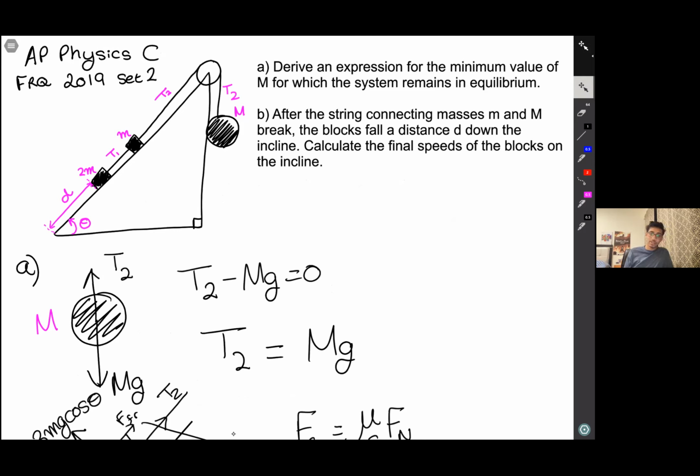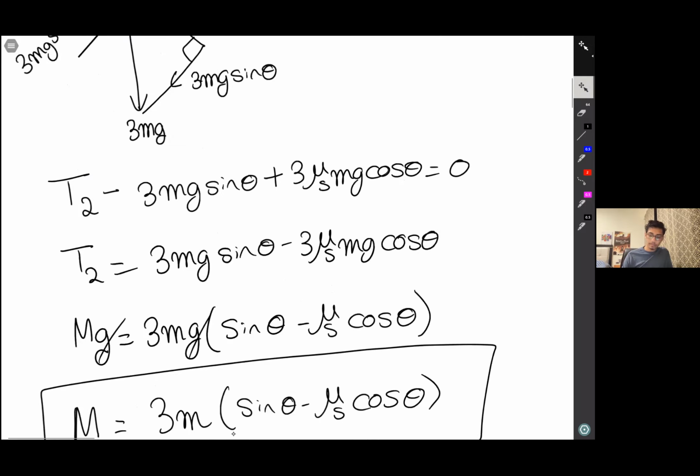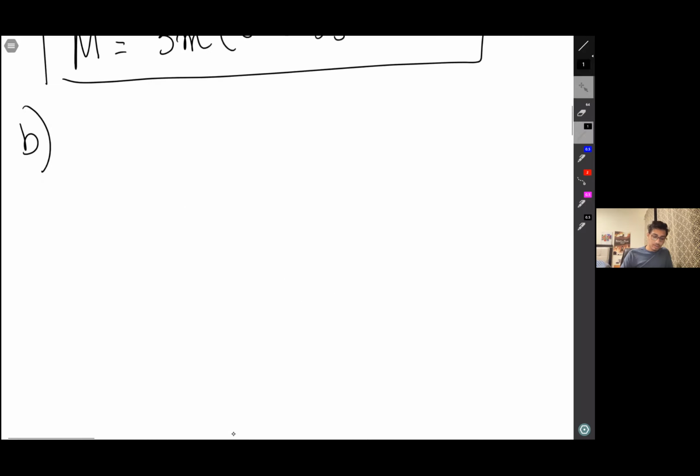So now this is just a kinematics formula. We need the SUVAT variables: distance, initial velocity, final velocity, acceleration, and time. So let's think about what we need. Let me redraw the free body diagram for the two connected particles, which I'll just model as one big connected particle of 3m.